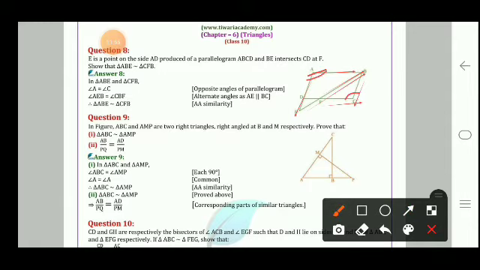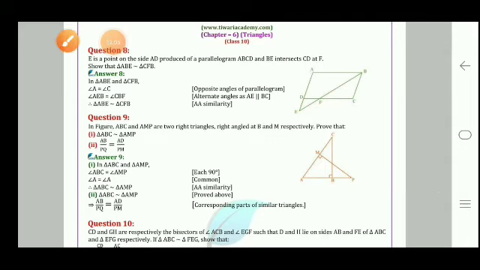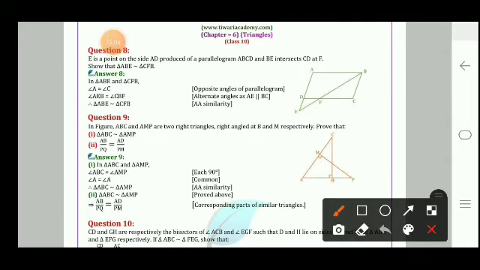Then angle AEB is equal to angle CBF, by alternate angles. Therefore, by the angle similarity criteria, both the triangles are similar.